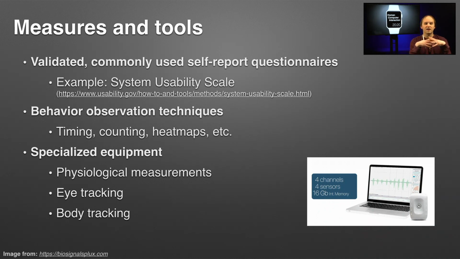Now, thinking more about the actual tools and measures that we use. For self-reports, for every field of study, every area that you investigate, there are usually what are considered validated or commonly used questionnaires for specific things.